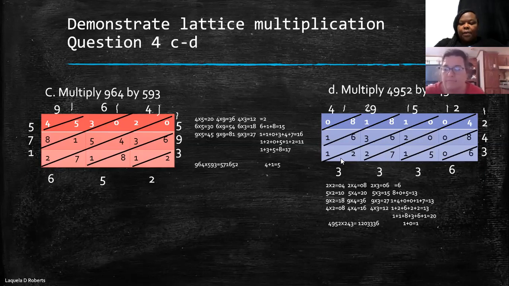And then 1 plus 2 plus 6 plus 2 plus 2 equals 13. And then 1 plus 1 plus 8 plus 3 plus 6 plus 1 equals 20. And 1 plus 0 equals 1. You multiply all that, 495 times 243, and you're going to get 120,336.